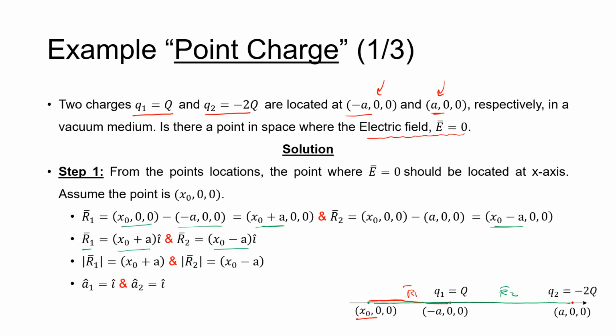We can calculate also the magnitude here, because magnitude is just the square root of the sum of squares of the components. We have two zeros and only an x component, which is why the square root will cancel with the square. And finally the direction, a1 and a2, is equal to i, because both of them are assumed to be positive.